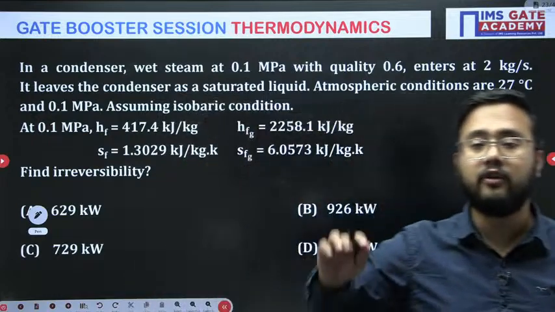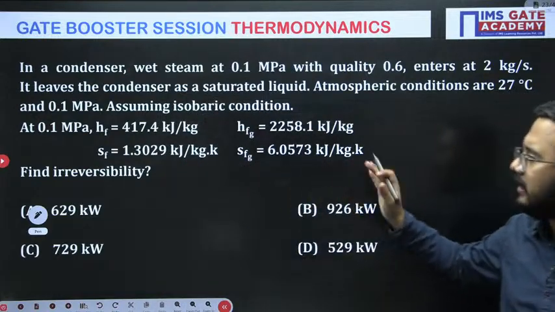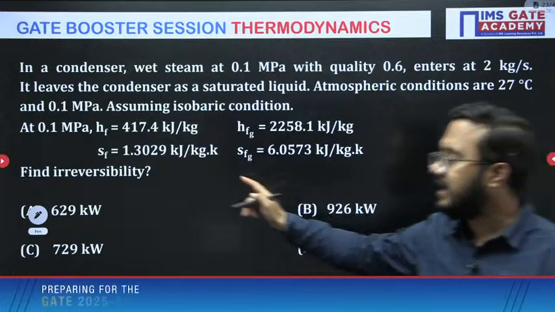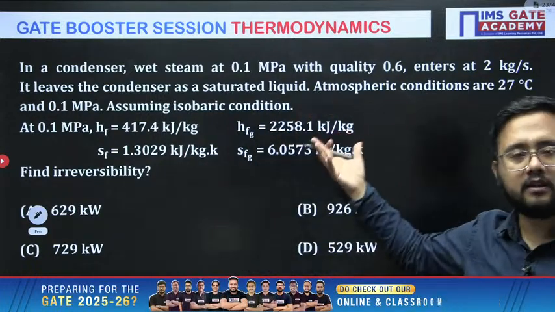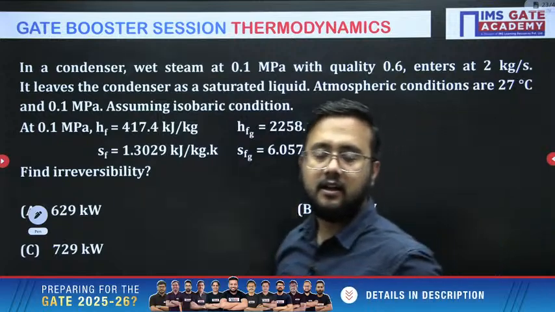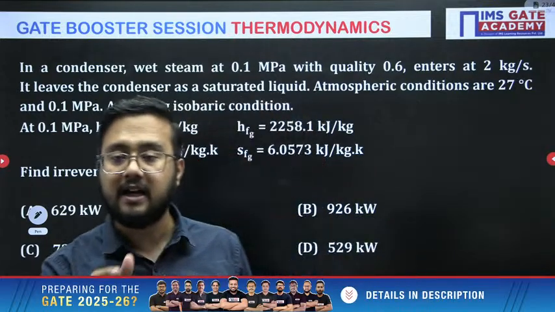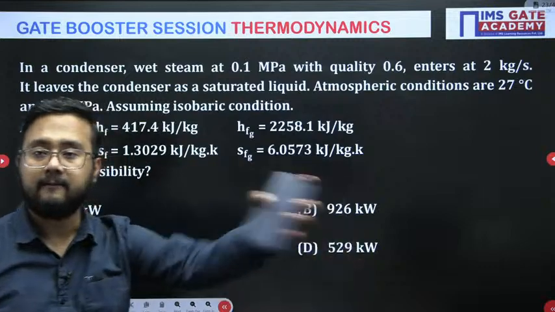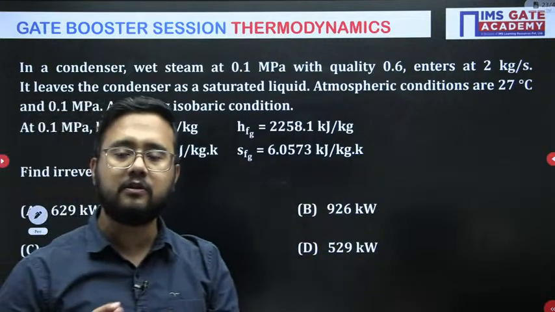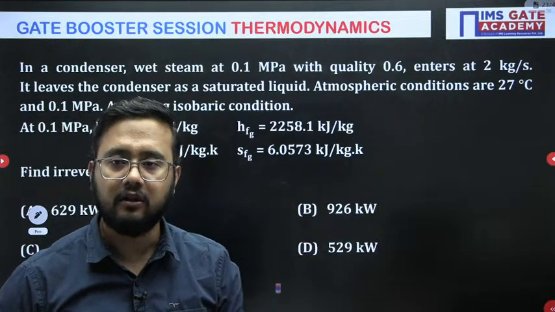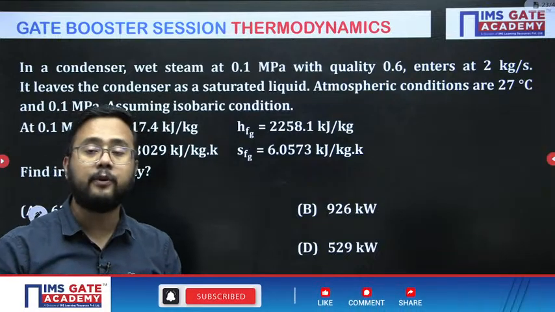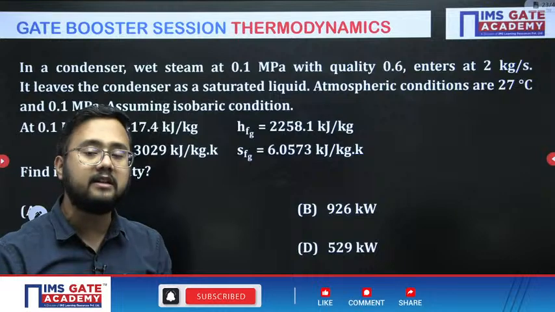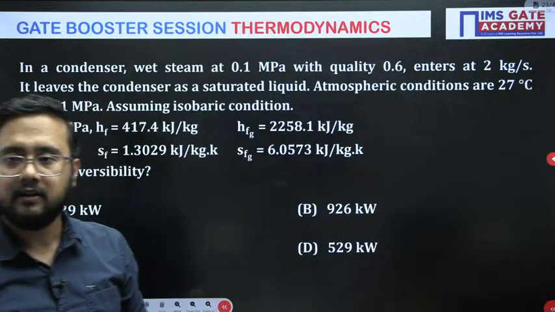This is also one of the most important problems, right? Again asking irreversibility, but they have given data for the properties of pure substance. So properties of pure substance mixed with the irreversibility part here. So multi-concept problems you can expect in the GATE examination also. So you have to be very clear regarding the properties of pure substance. This is a very important chapter which many students will skip.